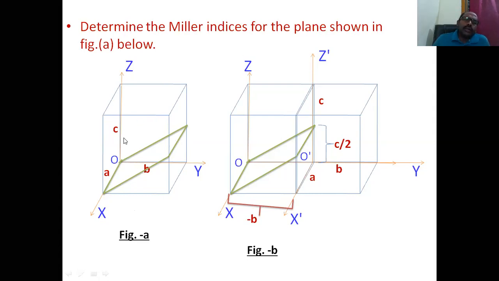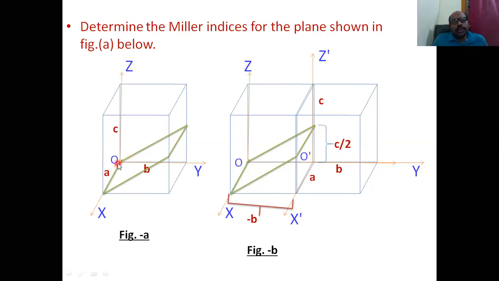In case of planes, whenever the plane is not passing through the origin, it is easy to identify the intercepts, no confusion at all. But whenever the plane is passing through the origin, it is difficult to identify the intercepts.